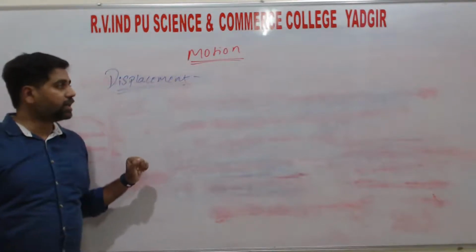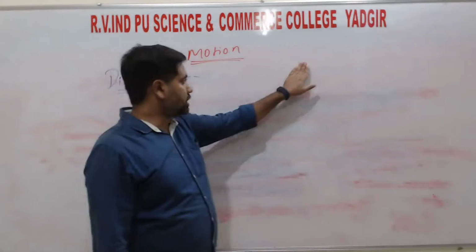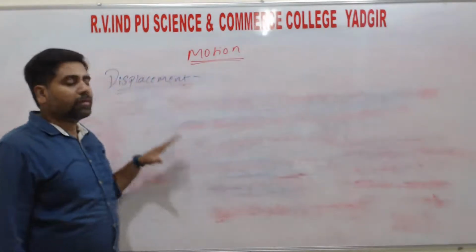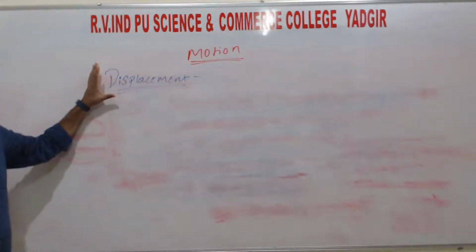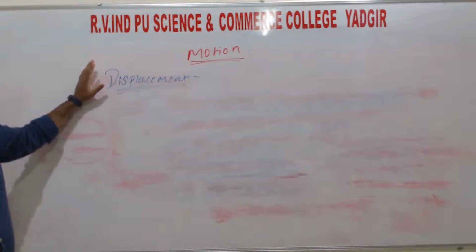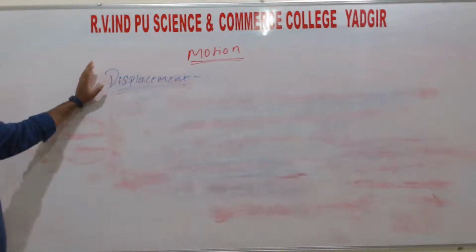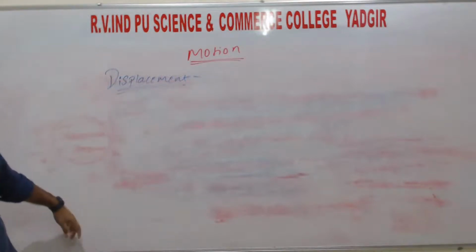So displacement is the actual distance which is measured between the initial and final position, right?